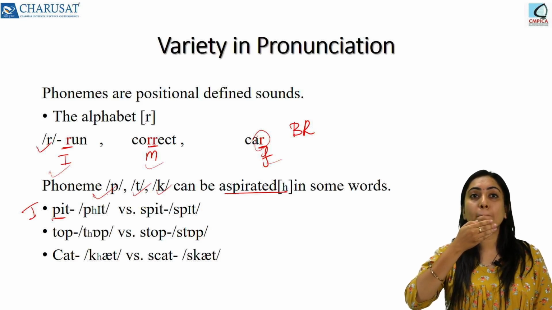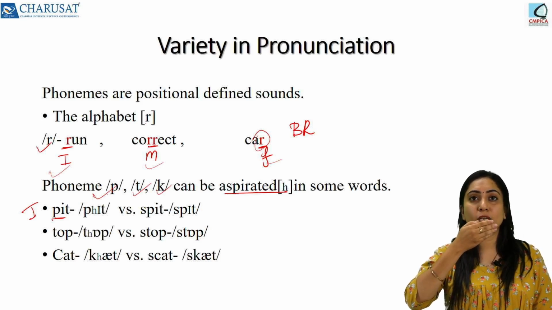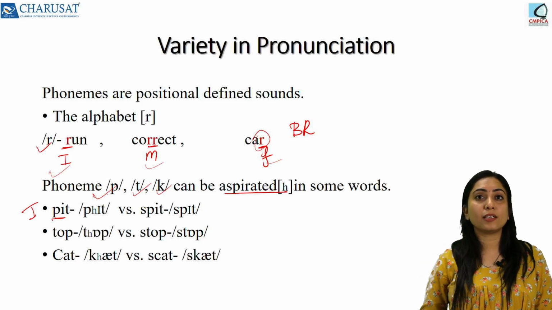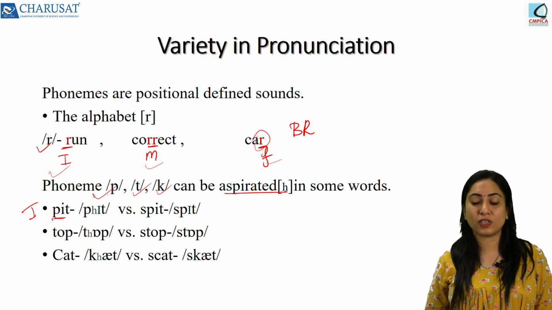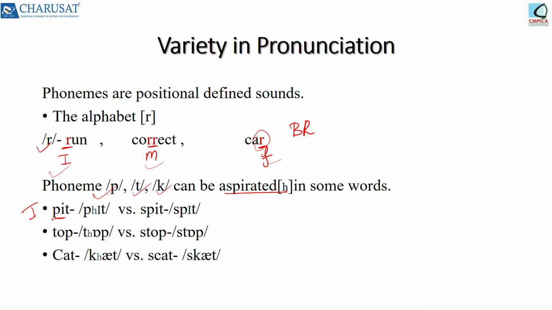When you say p, it won't be there. It would be very slight. But you put your hand there and you try p, t and k. So that is aspirated and unaspirated sounds. You need to understand that. There are various other varieties that you will be able to know, right?